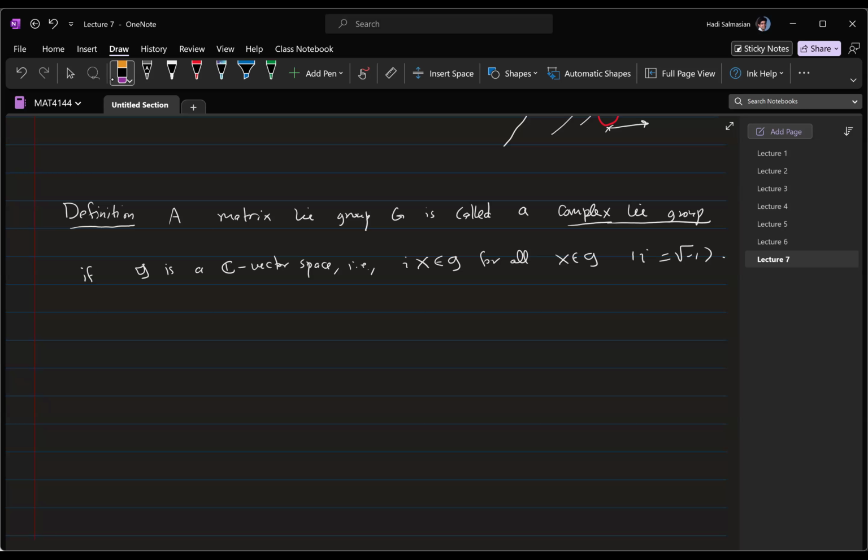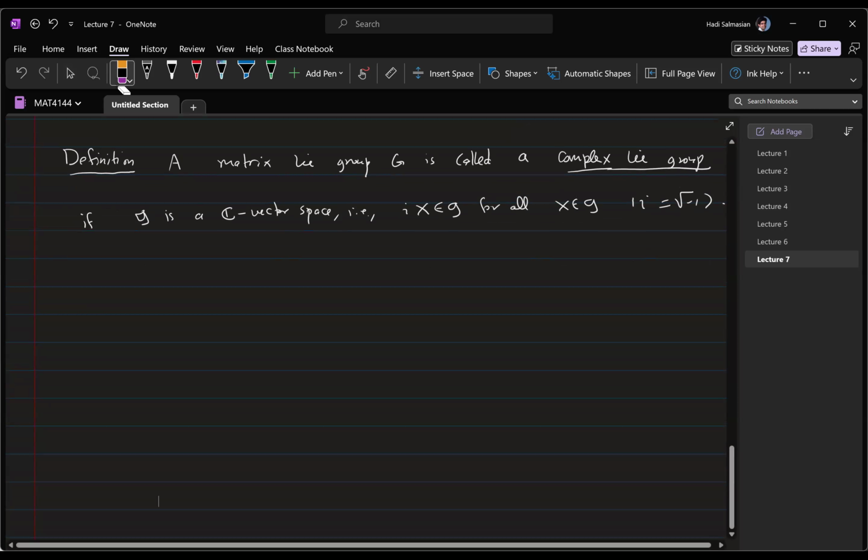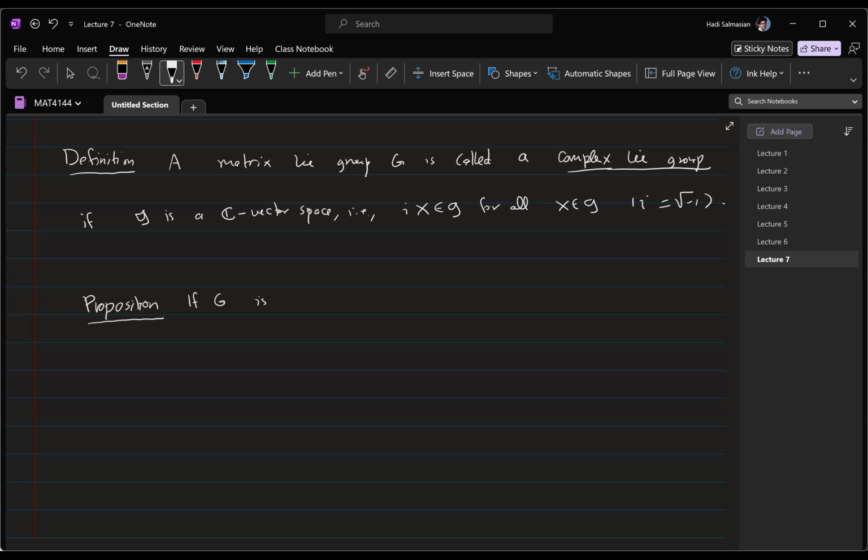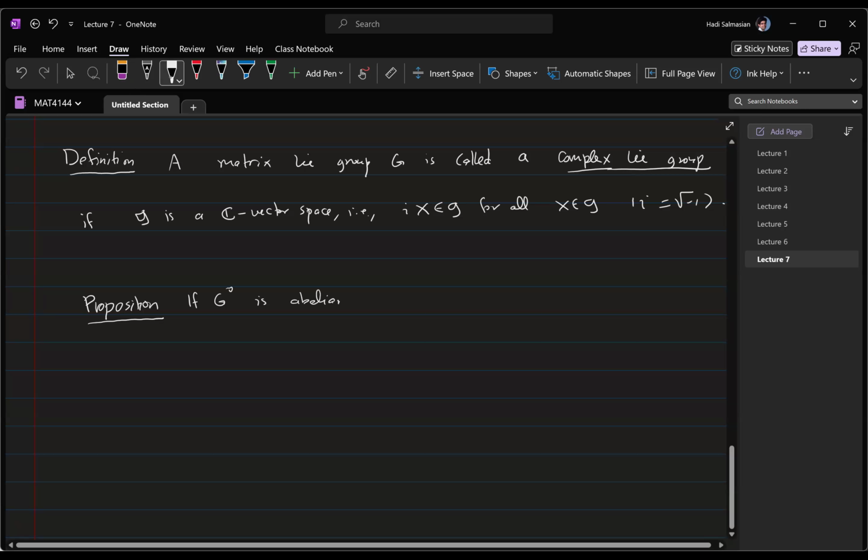Okay, so now here is a simple proposition. Let's try to figure out the structure of this Lie algebra coming from the structure of the group G. So here's the simple one. If G is commutative, abelian, okay?